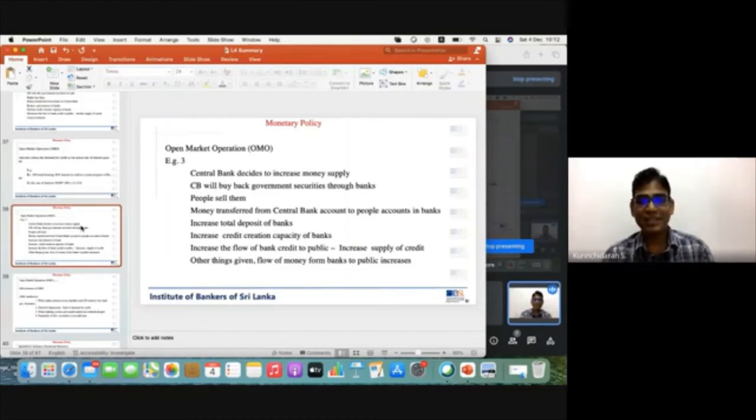So the bank credit goes to the public. So it's an increased supply of credit. Other things given, that means other things constant. This is what we always use. Flow of money from banks to the public increases. So then what will happen? Money supply increases. So always when I discuss each and every example, other things given means other factors constant. If you bring other variables into this, maybe a different outcome.